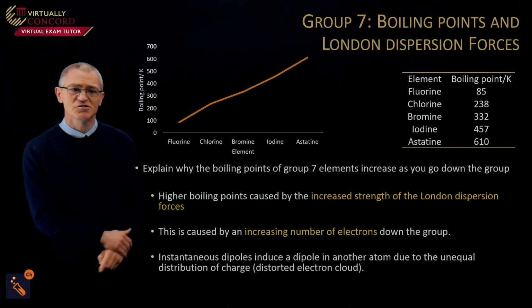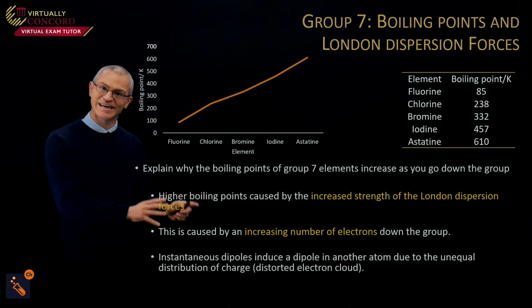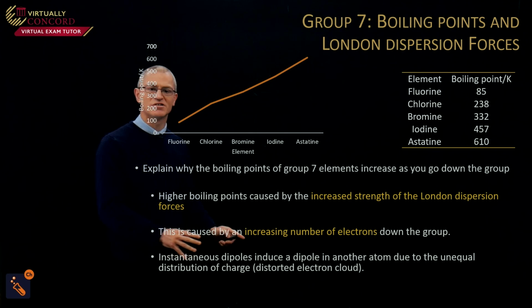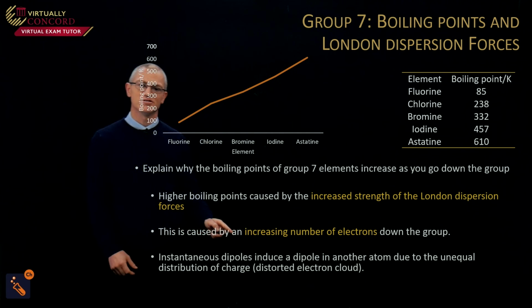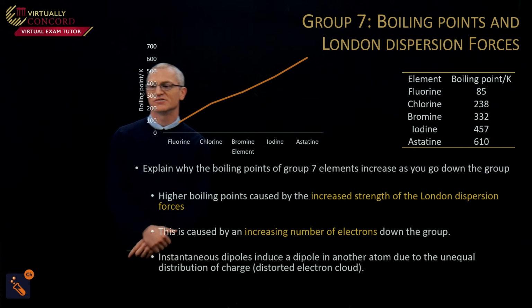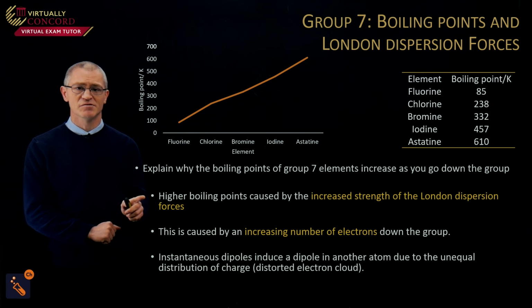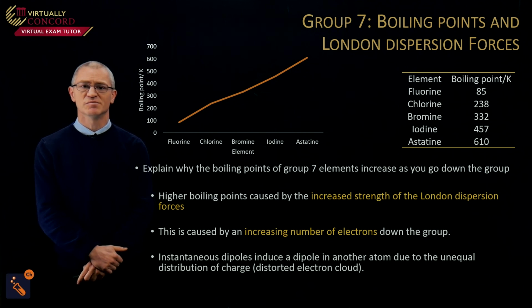Now, you don't often have to say this in an exam, but sometimes it's good, especially in the AS exam, if your school does an AS exam, that you explain what the instantaneous dipole is and how it induces a dipole in another atom. Okay, and that is due to this unequal distribution of charge. Now, most of the time, though, the questions only require you to put point 1 and point 2: relate the electrons to the increased strength of the London dispersion forces.